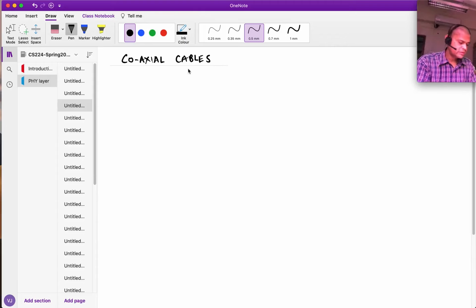So these use explicit insulation, and it might look like this. So you have, let's say, the inner cable like this, and then you have some shielding.